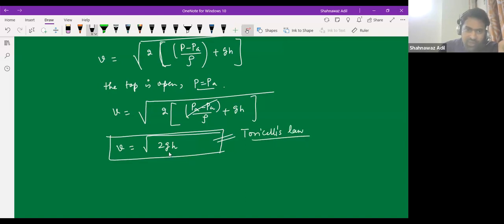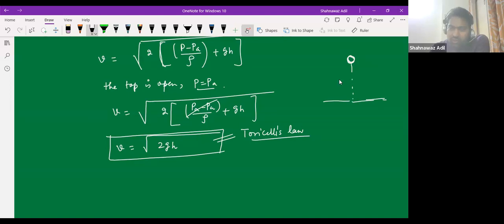Do you guys remember what this root 2gh is? If you have an object falling from a height h, what is the speed with which it is falling?